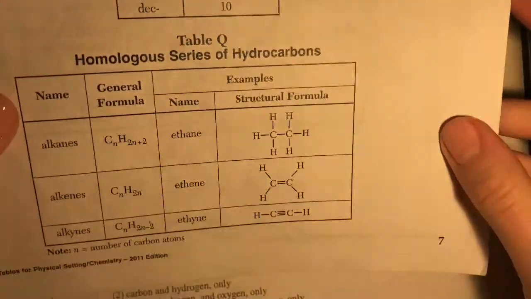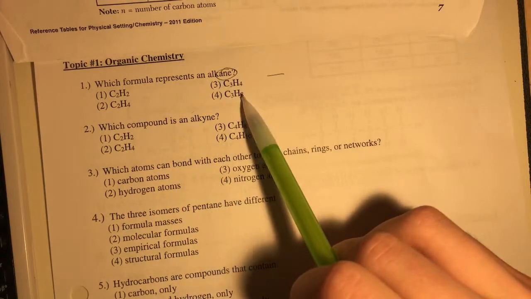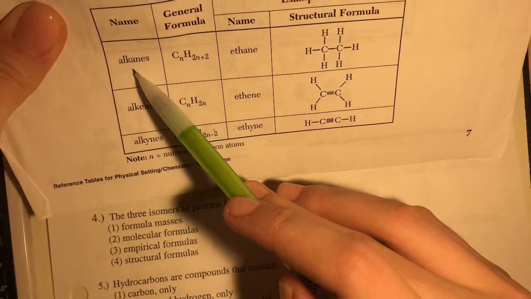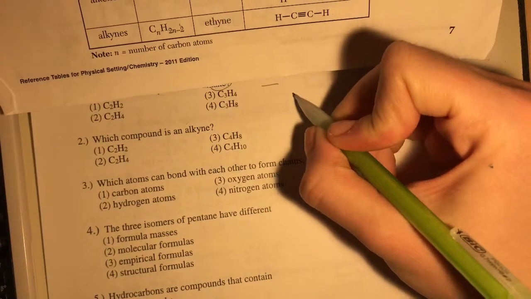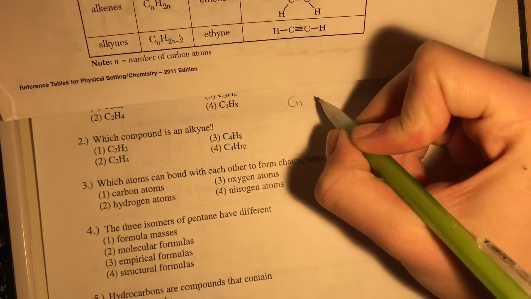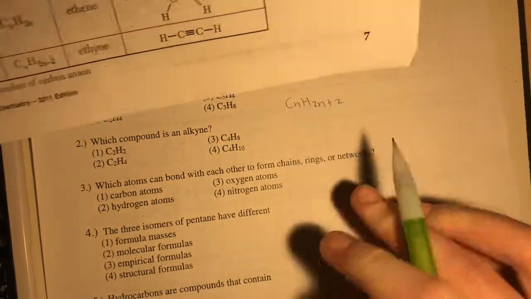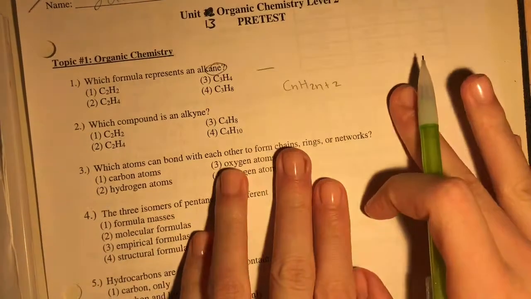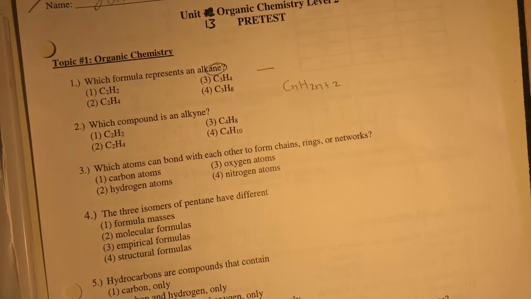If you head on over to table Q, this gives us some beautiful formulas. It's asking which formula represents an alkane. The formula for alkanes is CnH2n plus 2. Let's write that down: CnH2n plus 2. So let's use this formula and figure out which answer choice is an alkane.